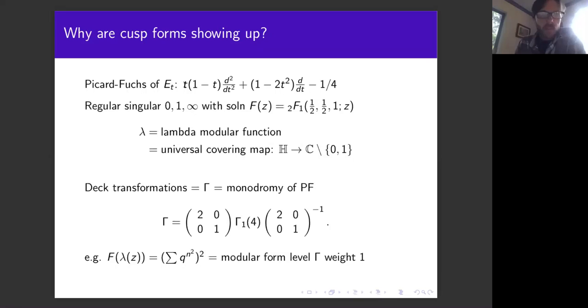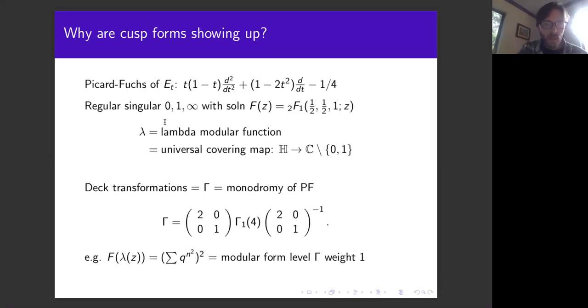So this Picard-Fuchs equation is giving a description of the variation of the family with respect to t. Again, the variation is popping up again. This differential equation has 3 regular singular points, 0, 1, and infinity. And it has a holomorphic solution given by this hypergeometric function, 2F1(1/2, 1/2; 1).